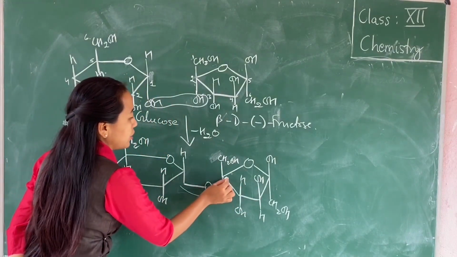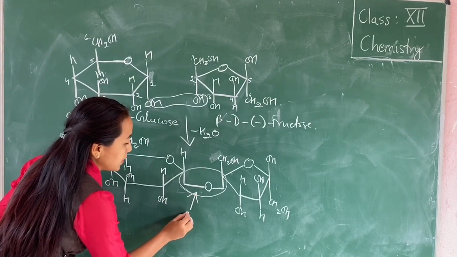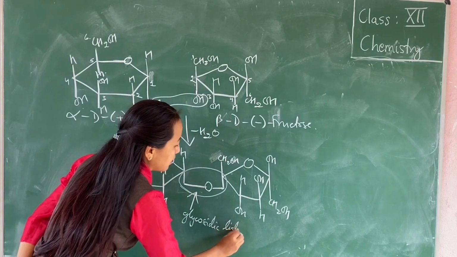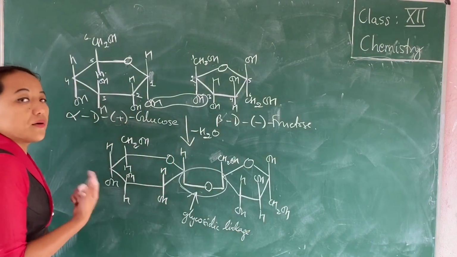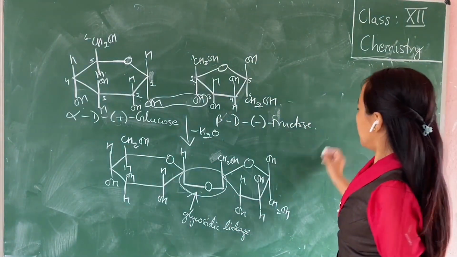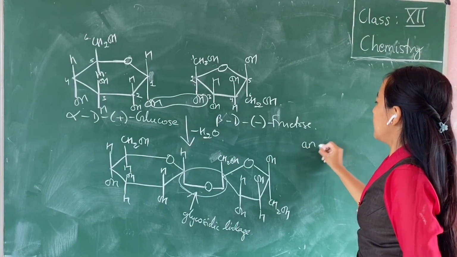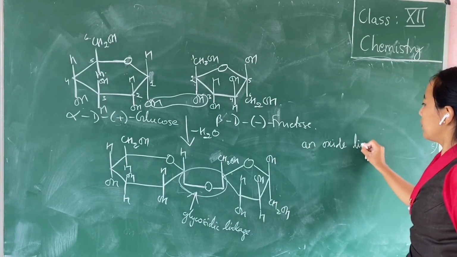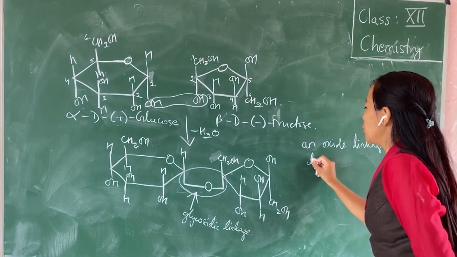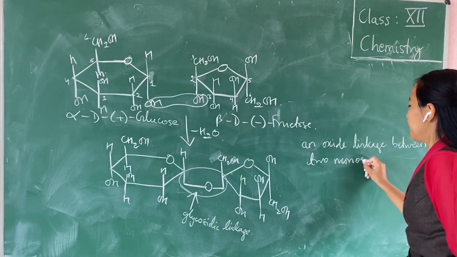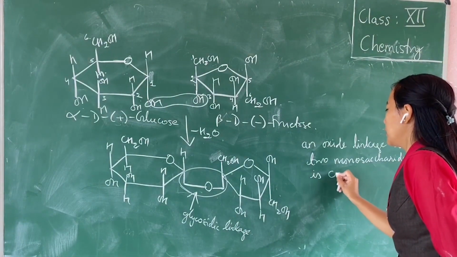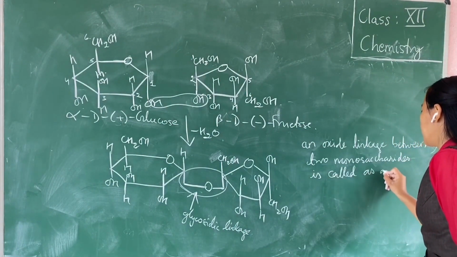Now this linkage is called a glycosidic linkage. An oxide linkage between two monosaccharides is called a glycosidic linkage.